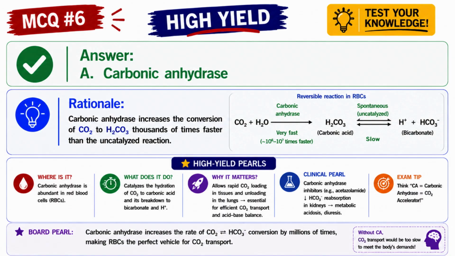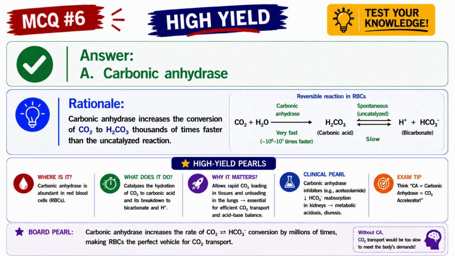The dominant form of CO₂ transport in the body would not exist at its current capacity. Carbonic anhydrase is concentrated inside red blood cells, not in plasma, which is why the reaction primarily occurs inside the RBC rather than freely in the plasma.